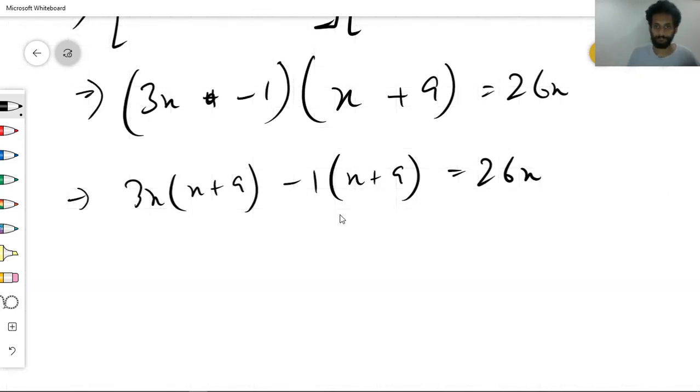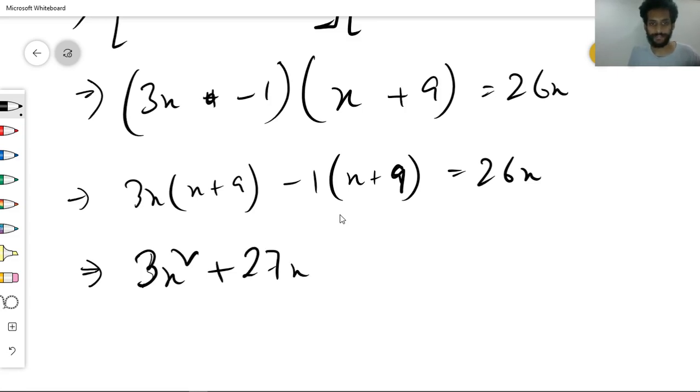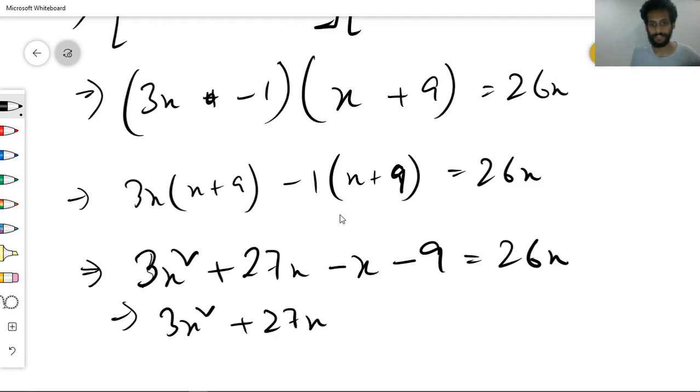So after that, 3x into x will be 3x square, plus 3 nines are 27x. This one will be minus x, and it will be minus 9. It will be 26x. After that 3x square is here, plus 27x minus x, and this 26x will be coming here as minus 26x.